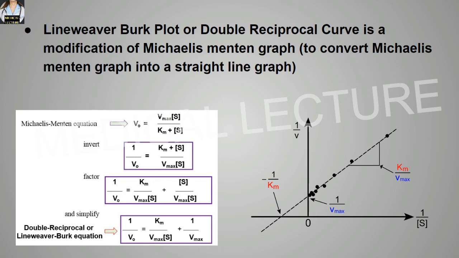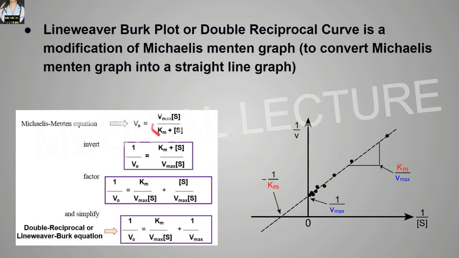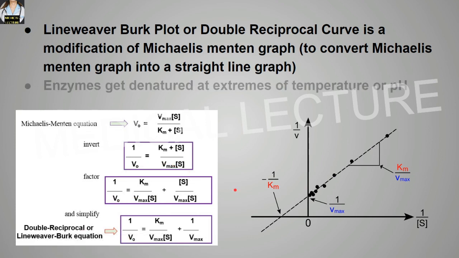It is basically done to convert the Michaelis-Menten graph into a straight line graph. This is the Michaelis-Menten equation, and this is the double reciprocal or Lineweaver-Burk equation. Enzymes get denatured at extremes of temperature or pH. So up till here, we'll discuss the further important notes in our next video. Thank you so much.